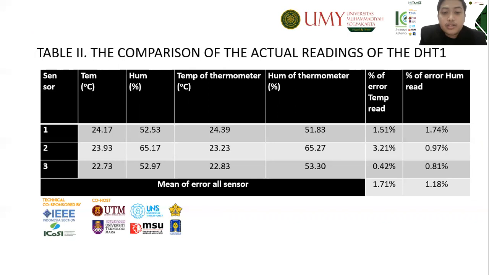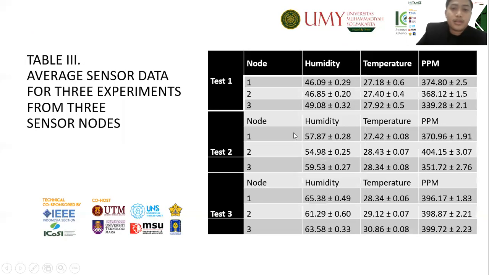The average test results and the average error value from the measurement results obtained are in table 2. And then this is the last table. This table shows the average sensor data for three experiments from three sensor nodes.